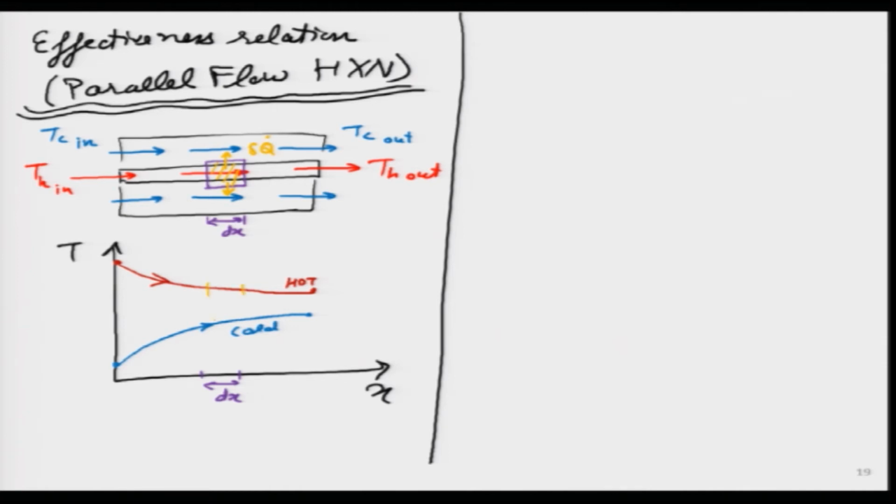The same thing I can show over here, that the amount of heat transfer which is taking place over here is dq dot. And students may remember, this is an analysis we have done, I think two lectures back, when we were looking at the derivation of the LMTD method. So, we are going to borrow some expressions which we already have in our slides, and we will start from that particular point.